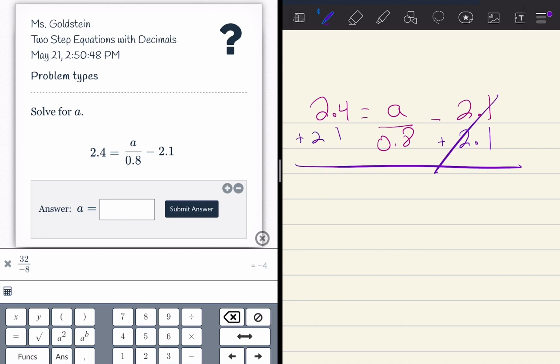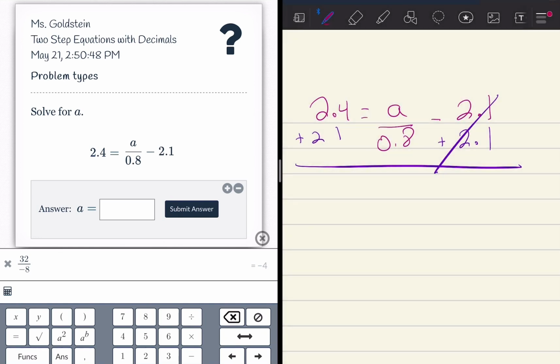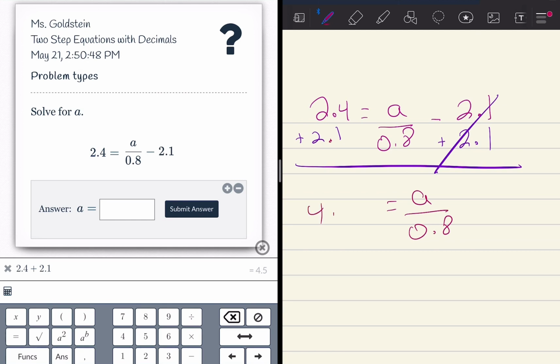Cancel out my opposites, bring down what I did not cancel, a over 0.8 equals, and then in my calculator I can do 2.4 plus 2.1. And I get 4.5.